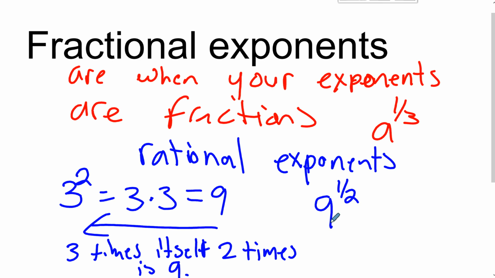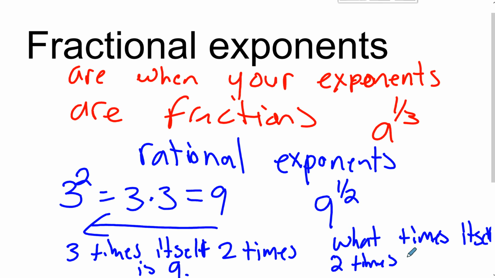This one, when I go backwards, I'm going to say what times itself 2 times is 9, right? This way is saying, go ahead and take your base and multiply by itself this many times.